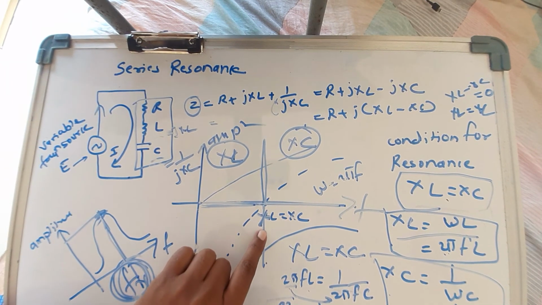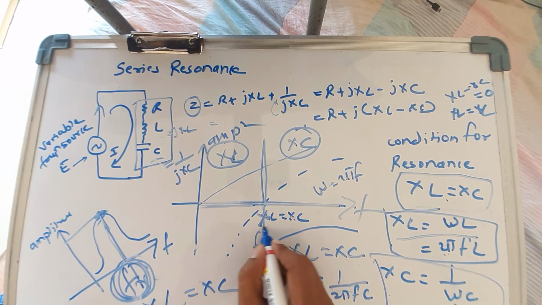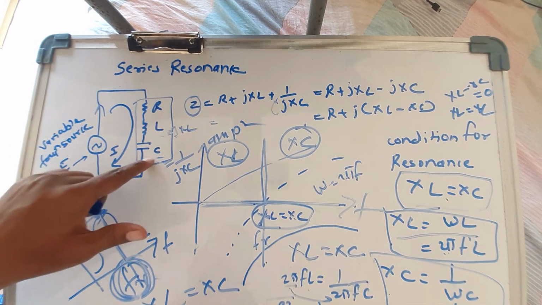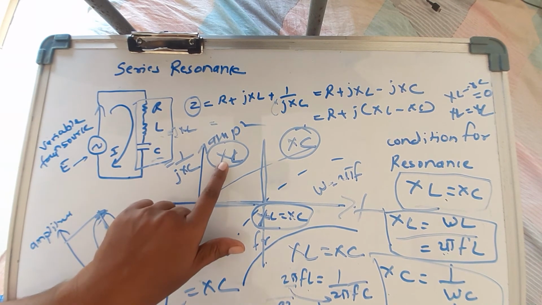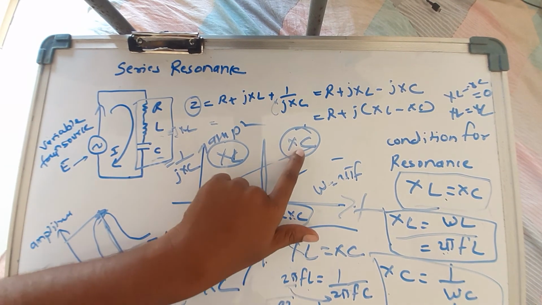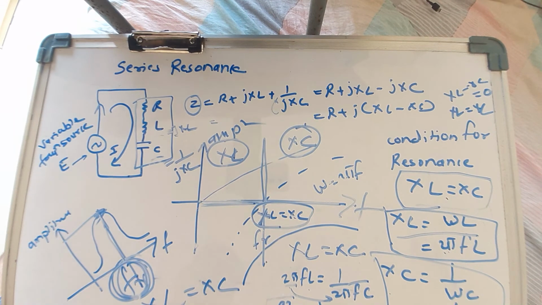This is the condition for resonance, that is fr, where both the values remain the same. Below this the circuit will act as inductive, and above this the circuit will act as capacitive. So today we see the definition of resonance, how the series resonance circuit is formed, and what the condition for resonance is.